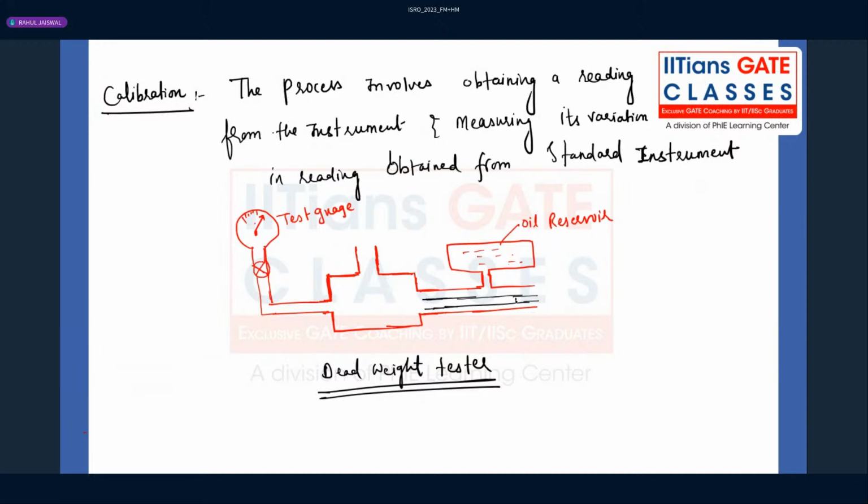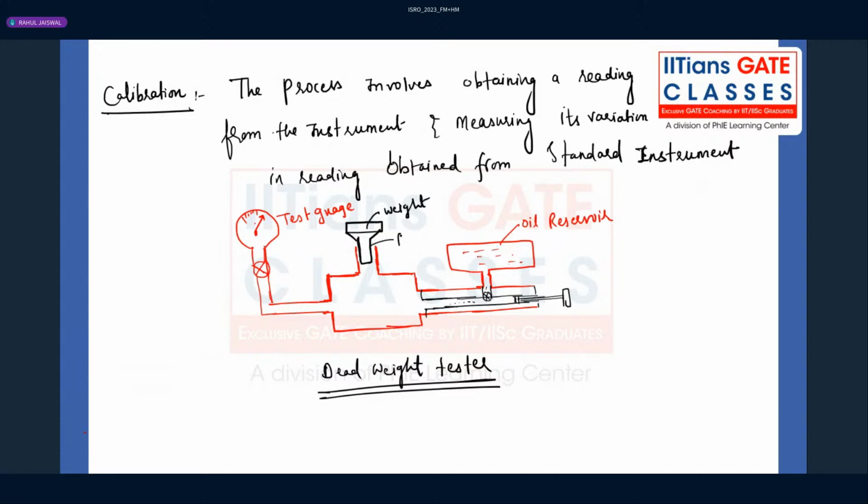Again, we have the plunger and the pipe, and that's how the liquid will be coming. Again, we have the port here. The oil will be coming here, and here we have the weight piston, and some weight has been kept.